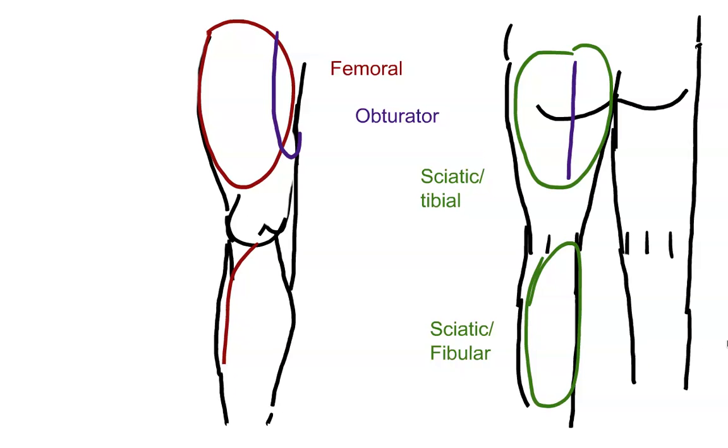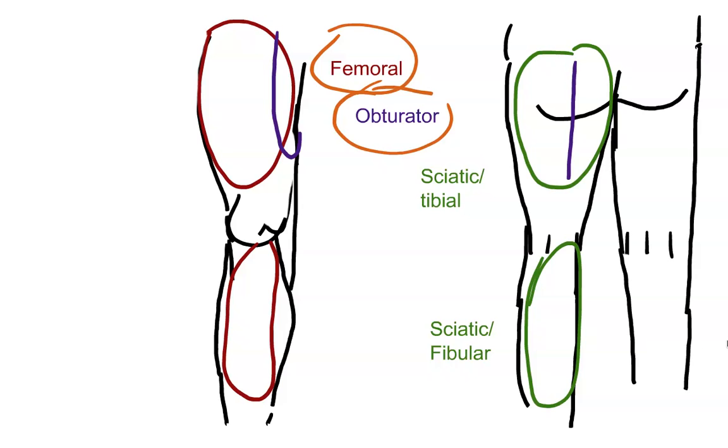The femoral nerve is also responsible for the cutaneous innervation at the front of the lower leg. These two derive from the lumbar plexus, and the sciatic comes from L4 to S3.